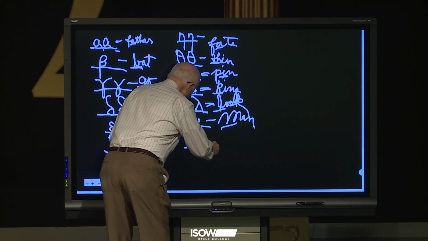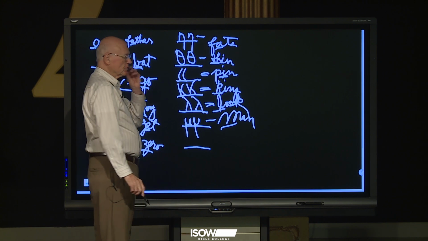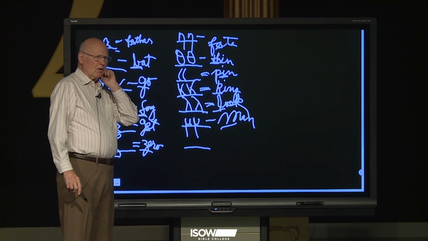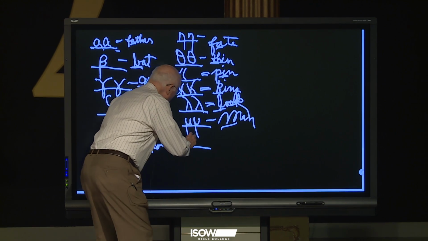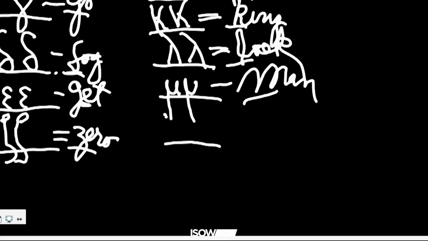The next letter is the nu. It looks almost like an English V, but the right line on it leans out just a little. It's not quite like an English V because in the English V, both lines would be at the same angle.